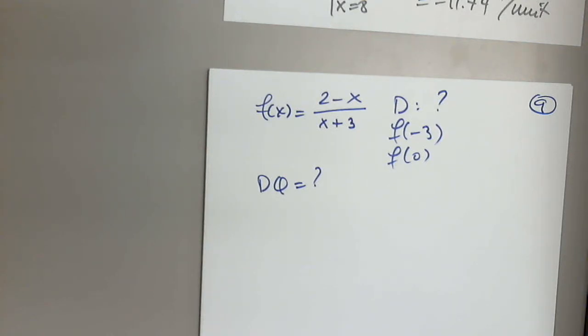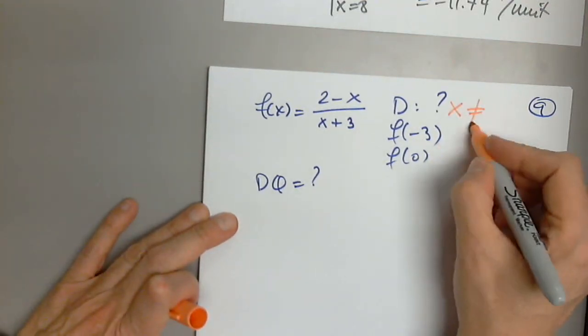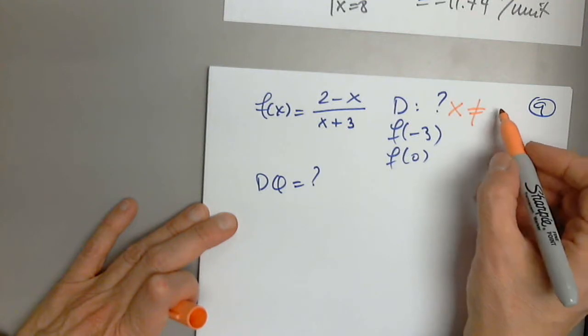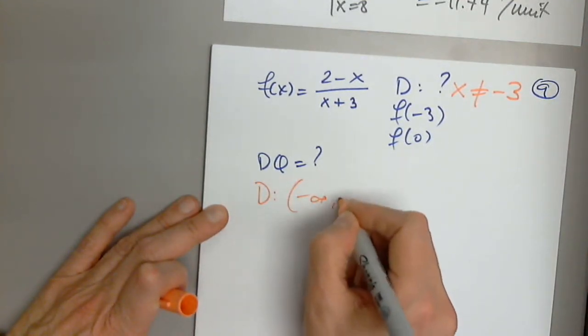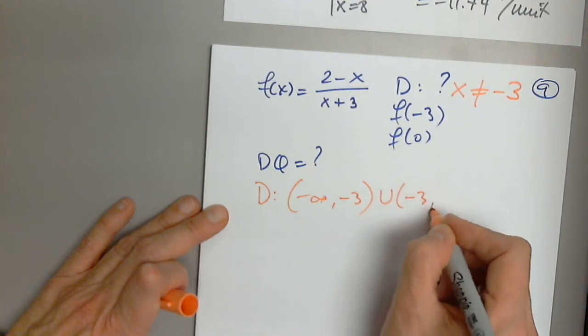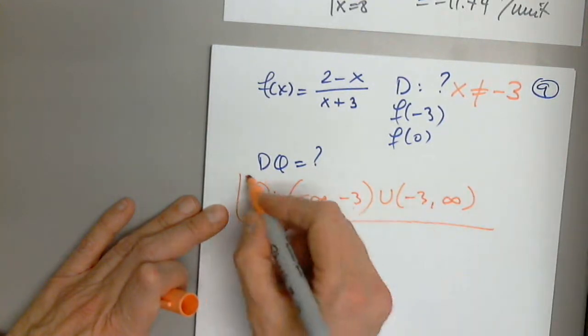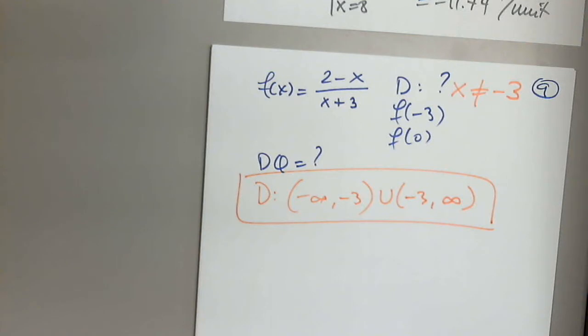Let's start with the domain. How do I get the domain of this function? Very good. So then the domain will be negative infinity, negative 3, union, negative 3, infinity. What will you say about f of negative 3?